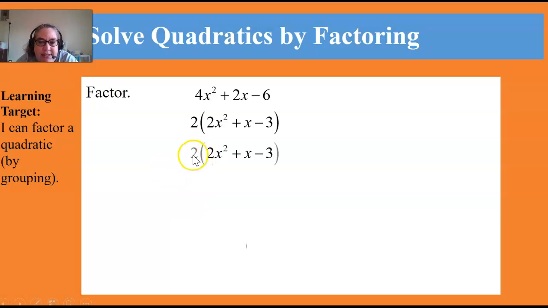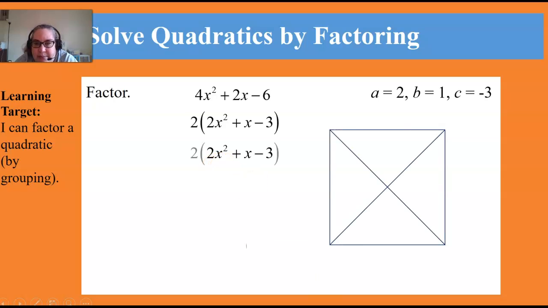It's going to stay in the background for the ride, but it's not going to be in the forefront of how I solve the problem. I am going to focus on 2x squared plus x minus 3. To create my product sum box, I'm going to use a equals 2, b equals 1, and c equals negative 3.